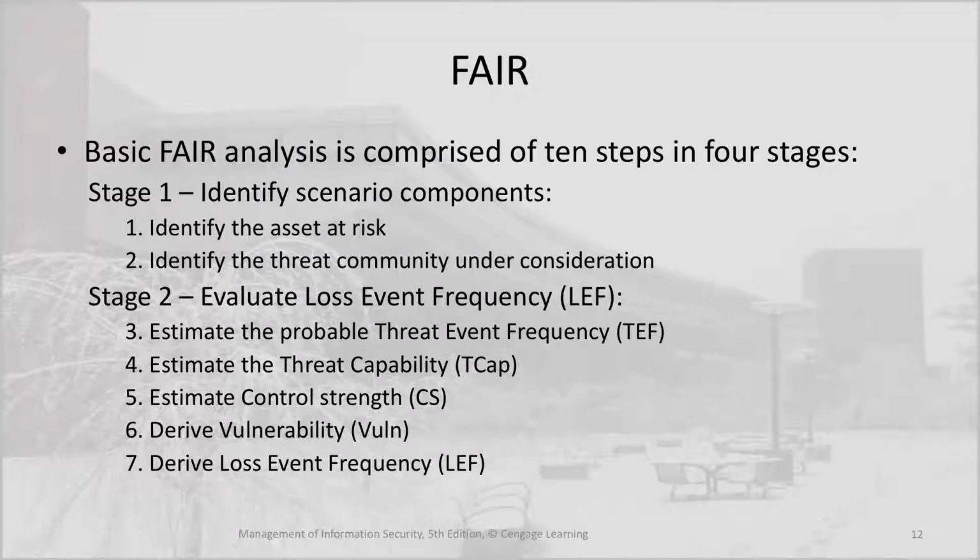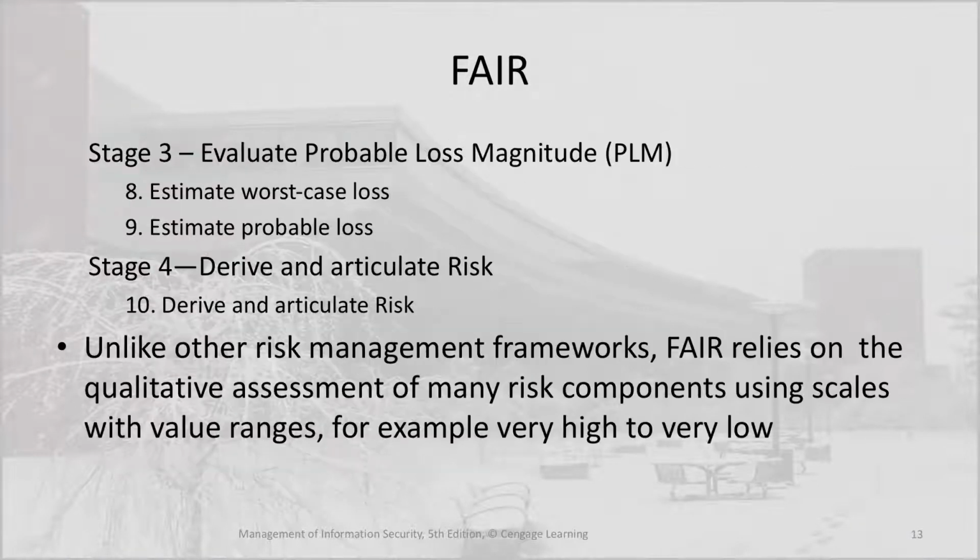In stage 2, you evaluate loss event frequency by estimating the probable threat event frequency, estimating the threat capability, estimating control strength, deriving vulnerabilities, and deriving loss event frequencies. In stage 3, you evaluate the probable loss magnitude by estimating a worst-case loss and then estimating probable loss. In stage 4, you derive and articulate risk.